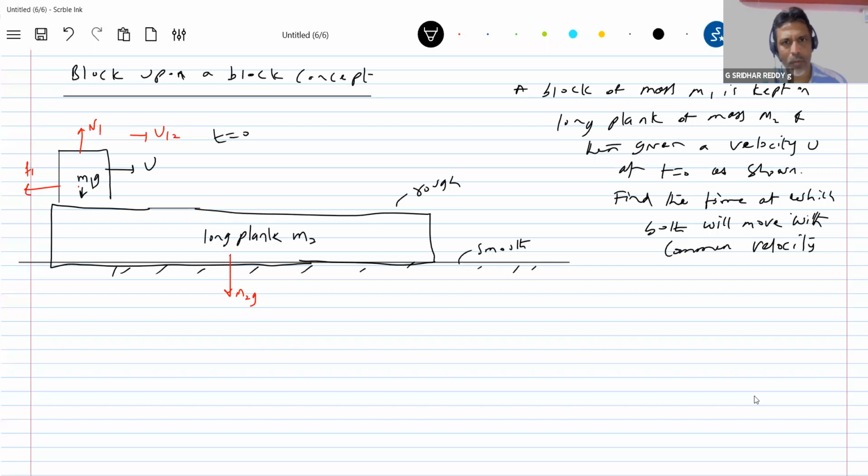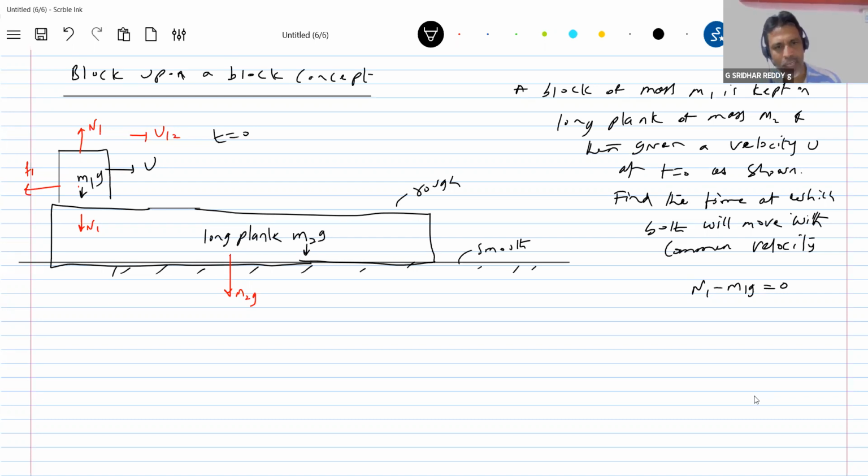And also there will be a normal contact by the block on the plank, that N1, I'll show it. And this will be M2G. Will the block and plank move along the y-axis? No. So therefore, what are the equations? We can write it here. N1 minus M1G equals 0. That is on the block.